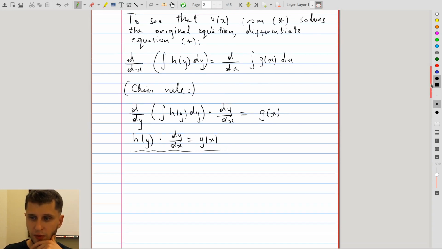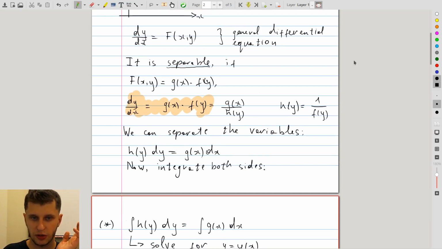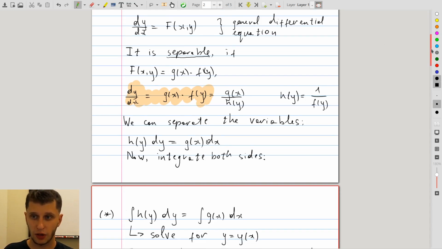So the conclusion here is, if we start with an equation dy over dx equals g of x times f of y, and we want to find a function y of x such that when we plug it into this equation we get an identity, then this function can be found as follows.